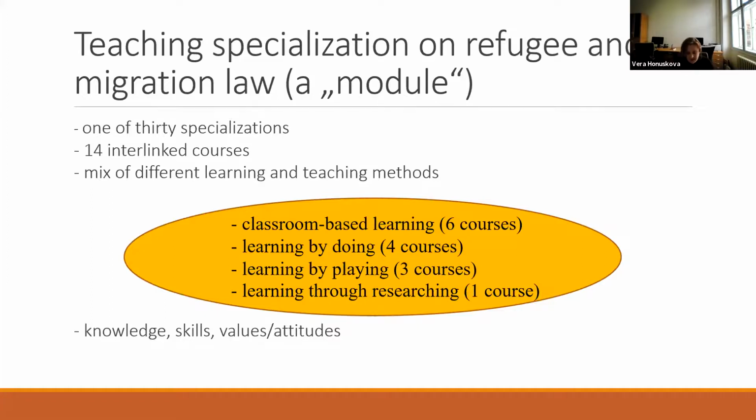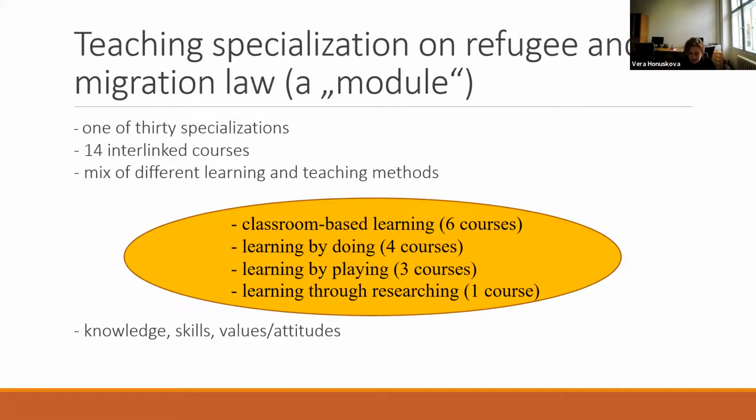Just to explain, the graduates from the law faculty must study and pass a prescribed syllabus consisting of compulsory courses, for example, public international law. Those compulsory courses are from all the main fields of law. And then they have a wide range of optional courses, including those on migration and refugee law.